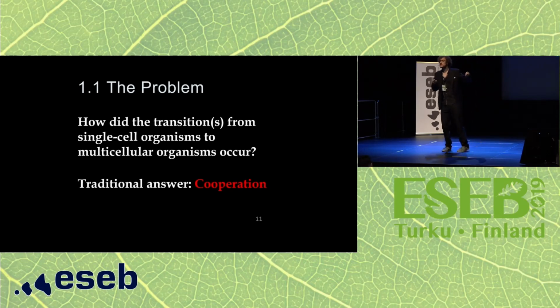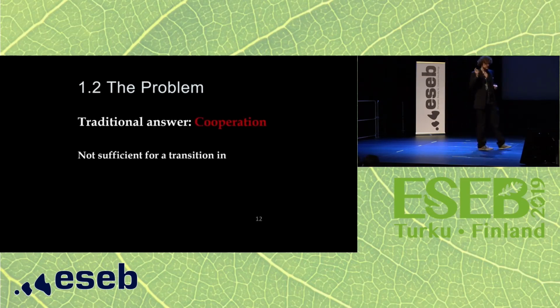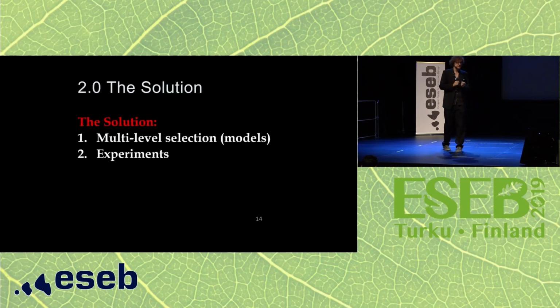Why would they even need to give up their individuality to become part of a bigger whole? They argue that we need two further things here. First of all, a mechanism of group reproduction, and secondly, a mechanism to minimize the adverse effects of cheats. And these need to happen at roughly the same time.